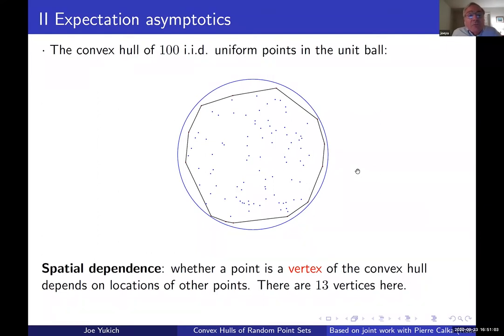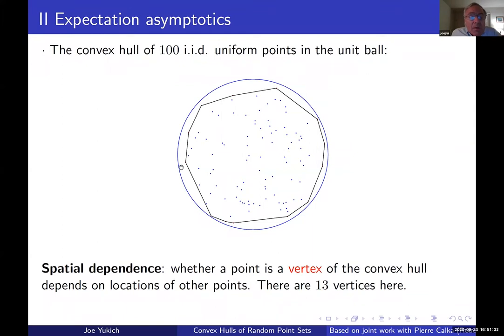Here we have 100 points put down uniformly at random in the unit ball. Notice that whether a point is a vertex of the convex hull depends upon the locations of other points. And this is quite transparent. It's quite obvious. But I need to emphasize this point since it forms some very difficult technical obstacles when understanding statistics of convex hulls.